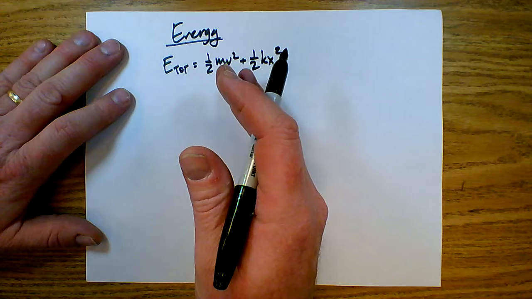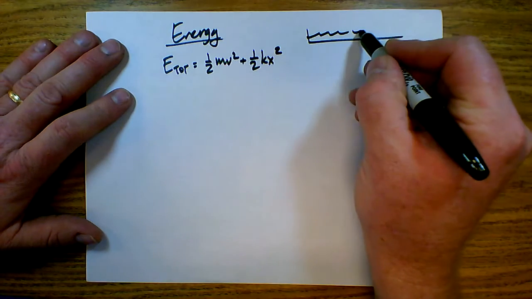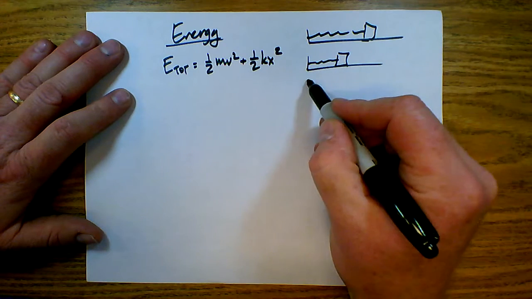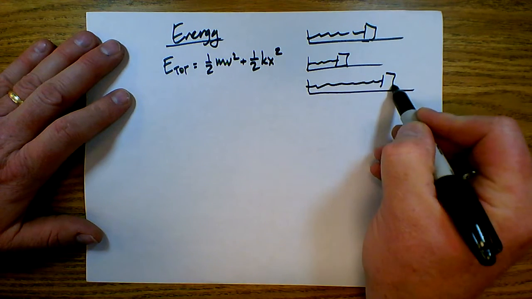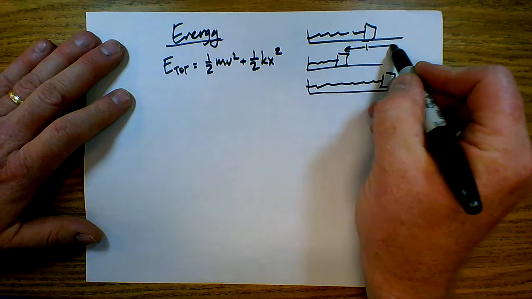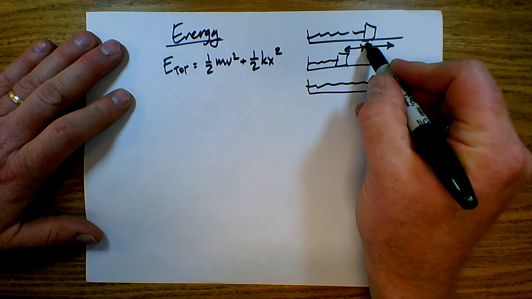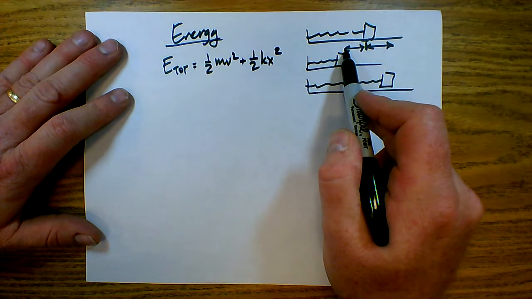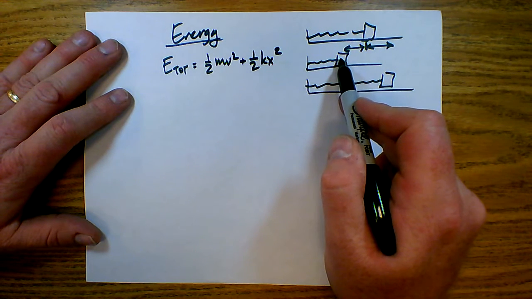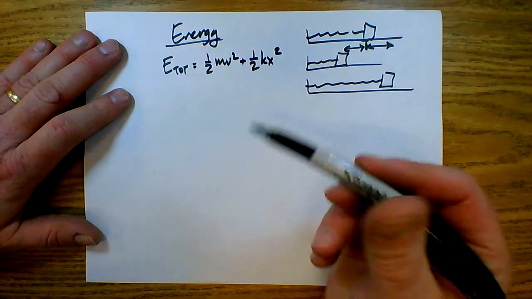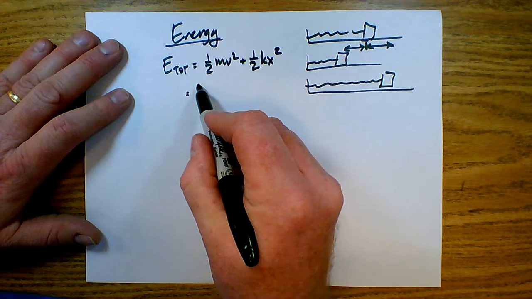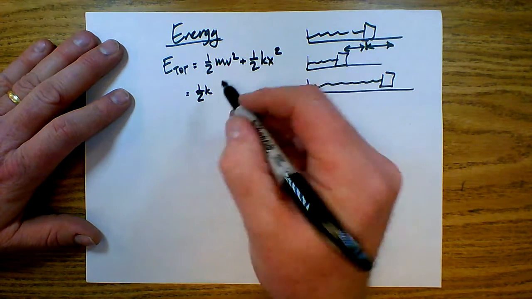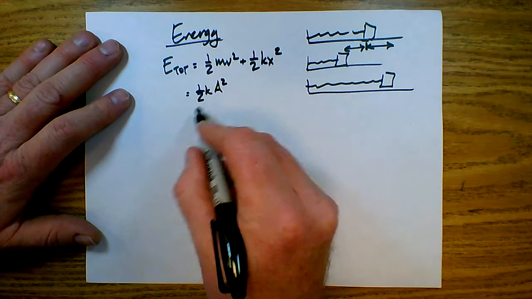If this is my equilibrium position, it's oscillating between here and here. So when it reaches its maximum displacement, it's about to turn around, and for that brief instant, the velocity is 0. At that point, all of the energy is stored in the spring. So the total energy can be found by taking 1/2 k times the maximum displacement, and maximum displacement is the amplitude. So 1/2 k A squared, that's your total energy.